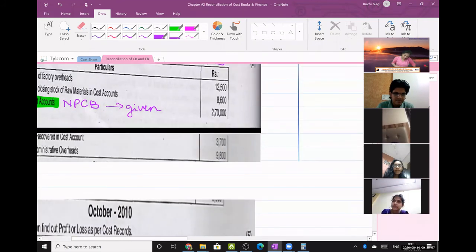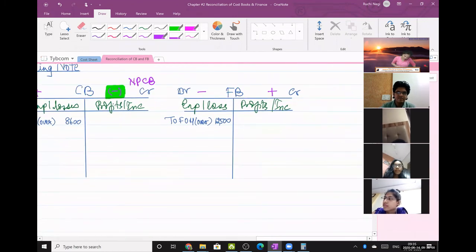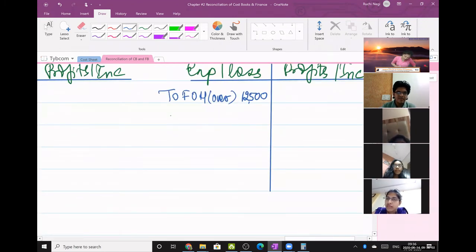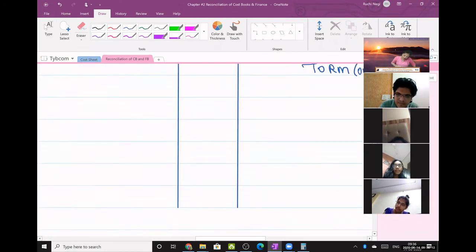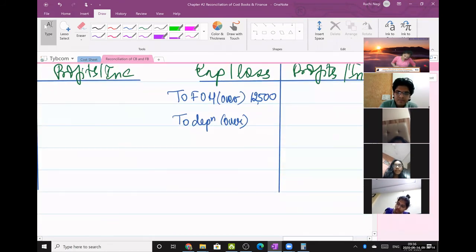Depreciation is debit, so in finance books, to depreciation, 3,700.